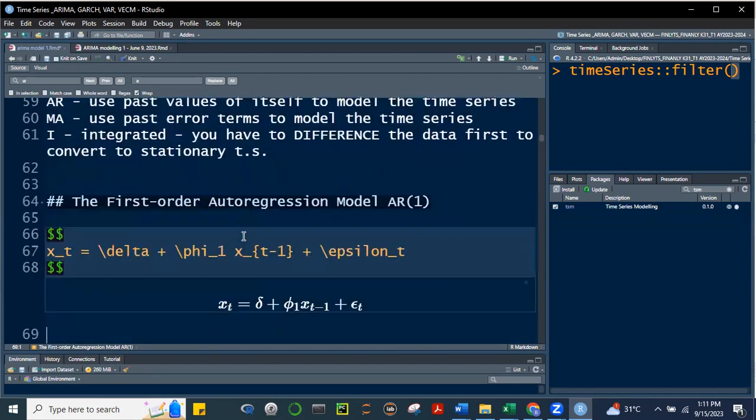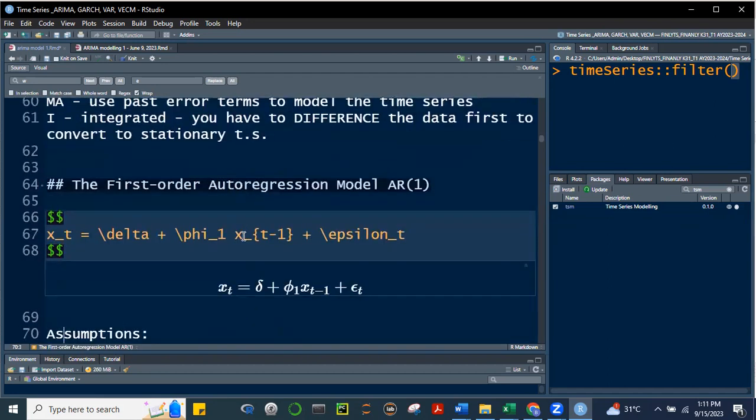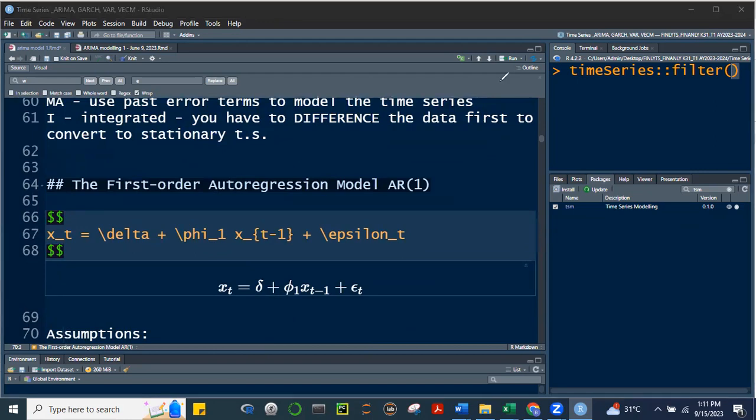Okay, and we gave an example of what an AR1 model is. We said that an AR1 model seeks to model our time series. So this is our time series, X sub t. And we model the AR1 process. The main component here is your X sub t minus 1. So you're modeling your X sub t based on its past values.